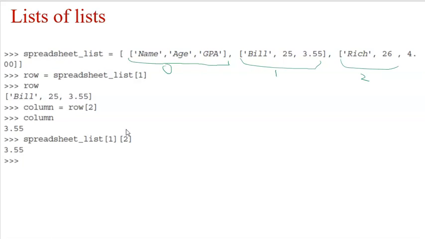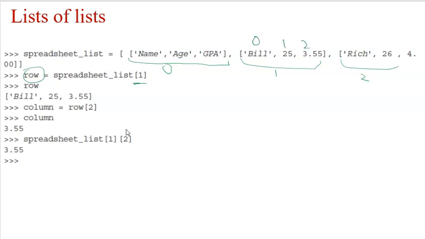If you want to sub-index, you can see that if we type in a 1 over here, you get Bill's age and GPA. We have defined this list element as a variable called row, and if you want to further index row, there's a sub-index over here: 0, 1, 2.